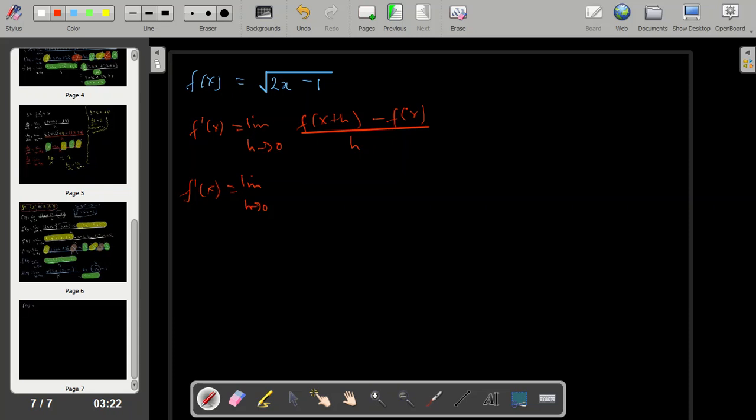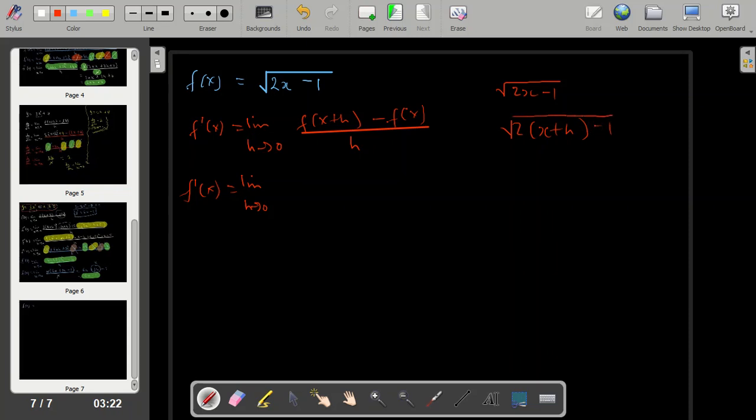Here we have this 2x minus 1. So we are going to add h to this. So when we add h according to the formula, it's going to be 2x plus h then minus 1, like that.